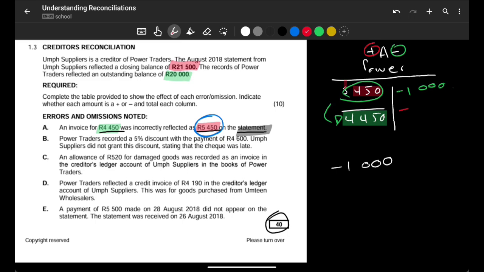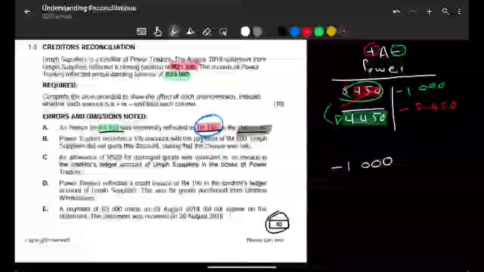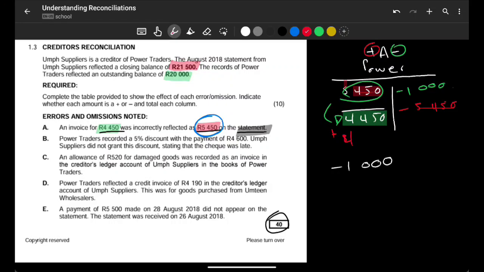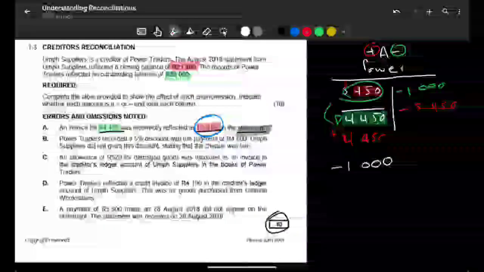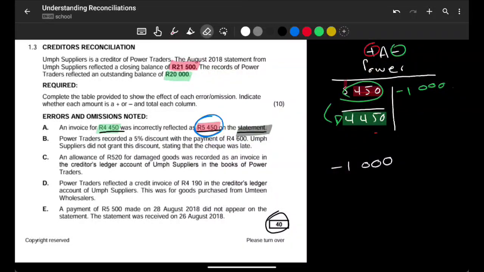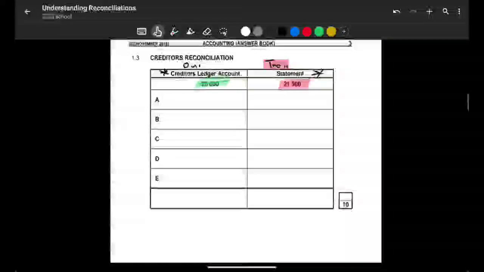Instead of saying minus 5,450, right, this is going to cancel that, and then you're going to say plus the correct amount of 4,450. We don't do that, right? We're going to do what is in green. We're going to subtract 1,000 and it's going to give us a balance of 4,450. So that is our answer here. Our answer here is subtract 1,000 rand and then we get 4,450.